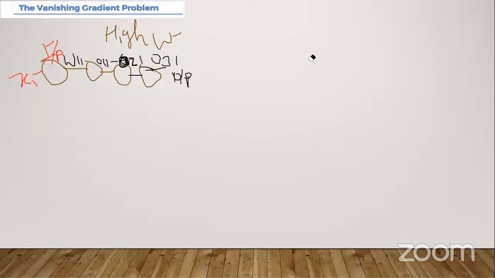So this is output 11, output 21, and output 31, and this is my initial weight.